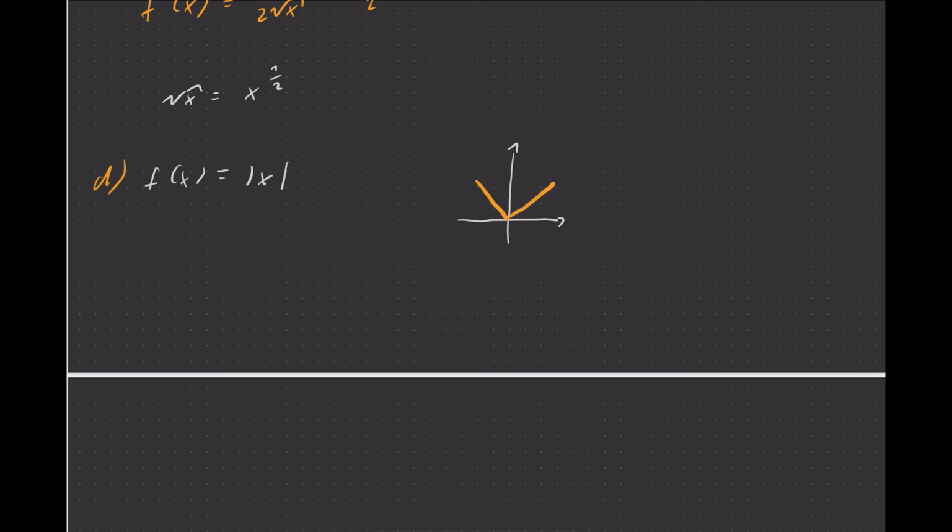So this is obviously a continuous function. But I'm going to show that it's not differentiable at the point x star equals 0. So this point here is critical. And you want to see if there's a derivative at 0.